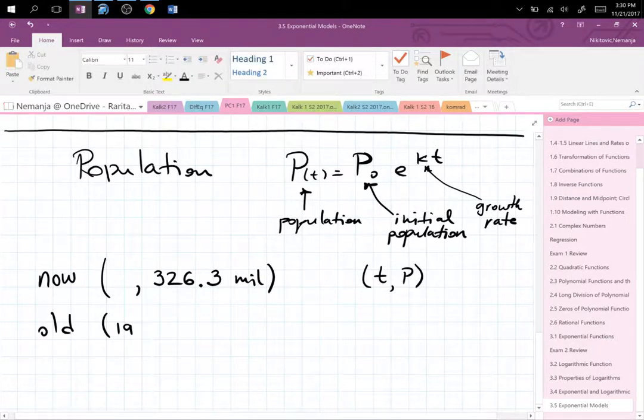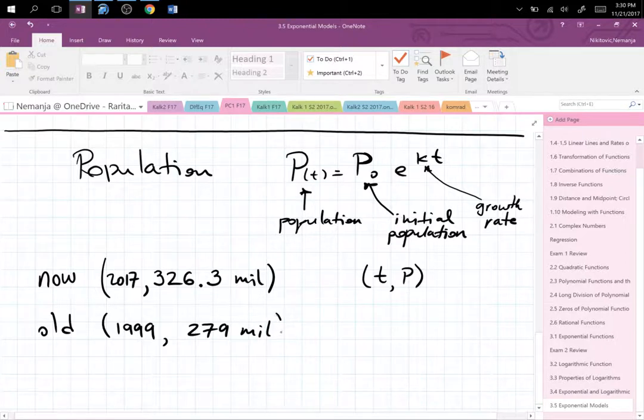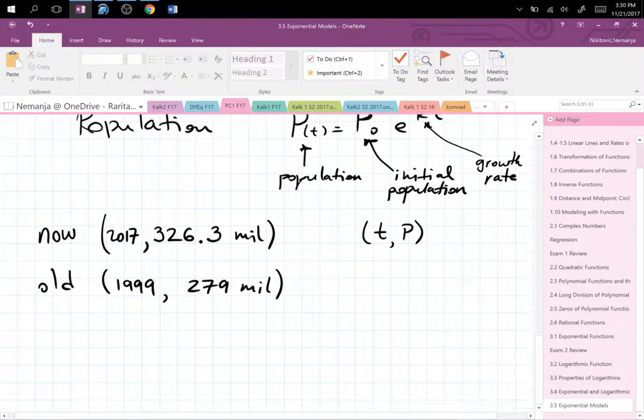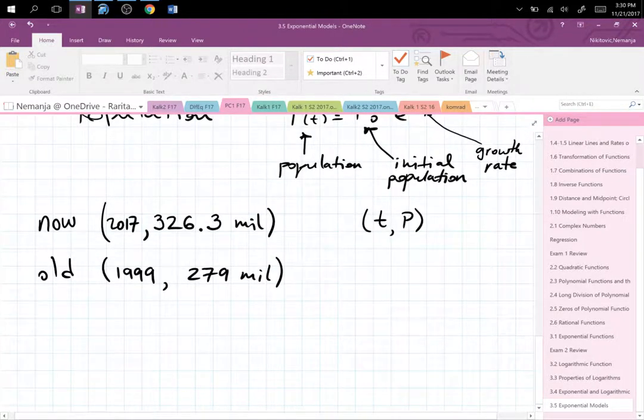I'm not going to use 0 here. I'm going to use 2017. That's this year. That's better. Use 2017. And then 1999 is going to be, according to Google search, 279 million. So we again have another data point. So this is also t comma p, right? So that's old and now.